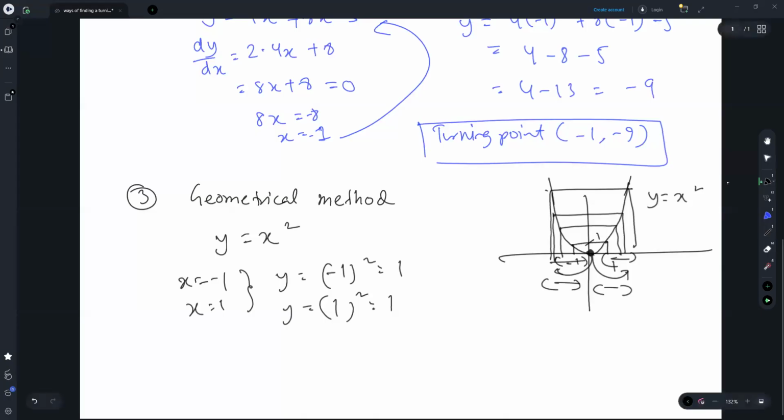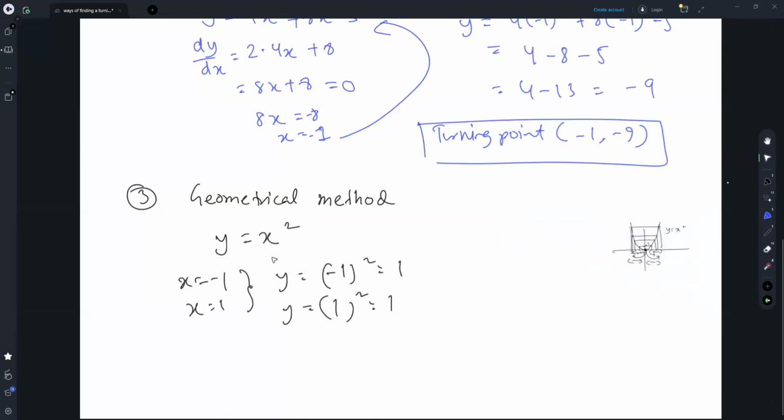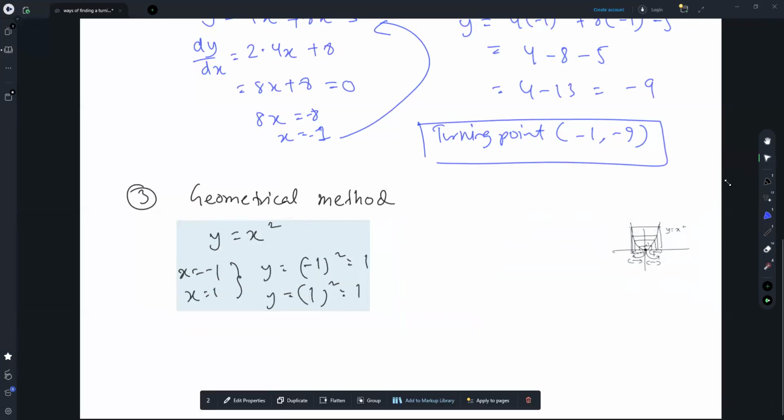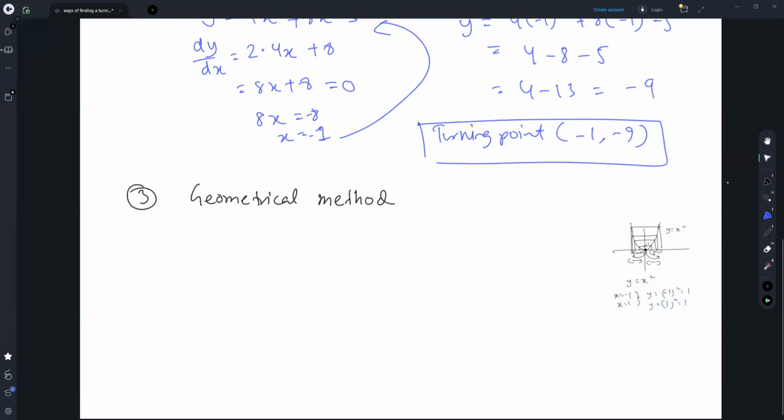If that's the case, we can easily say that the quadratic curve is symmetric about its turning point.